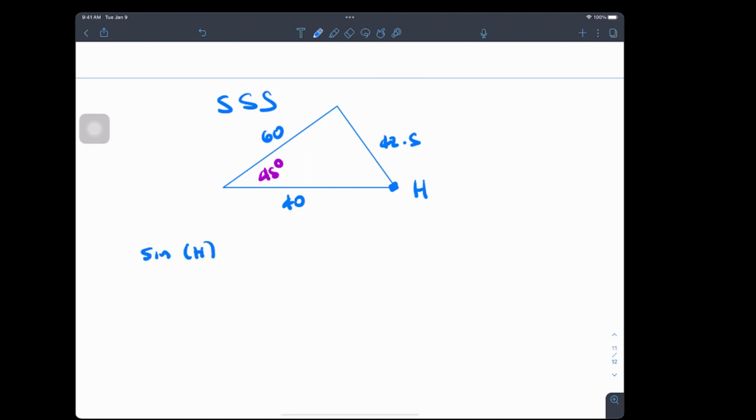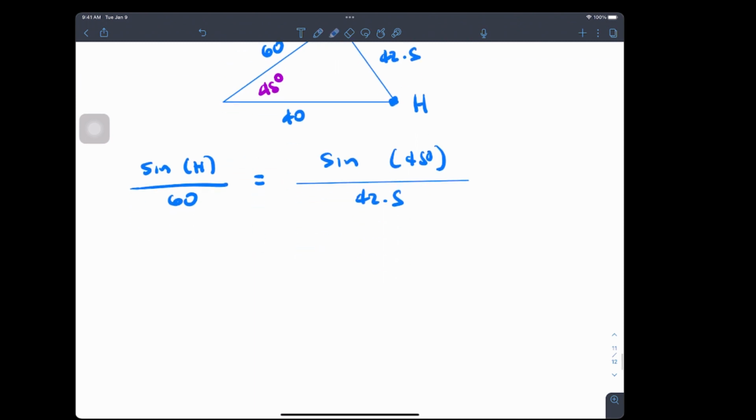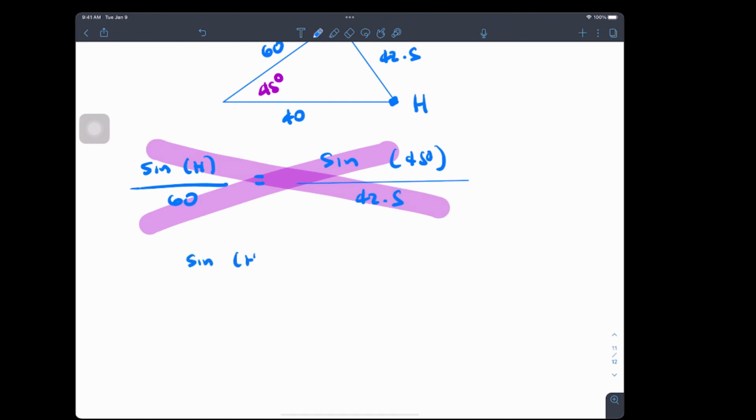Sine h over 60 should be sine of what? 45. Is that true? Over 42.5. So, by law of sines, cross multiplication, we know sine h needs to be 60 times sine 45 over 42.5.